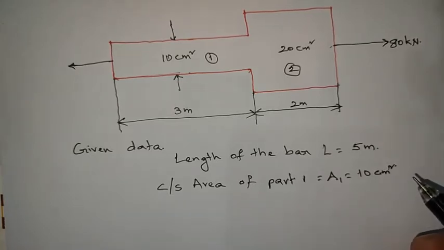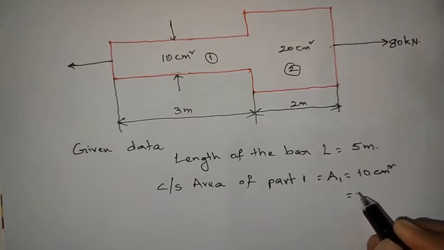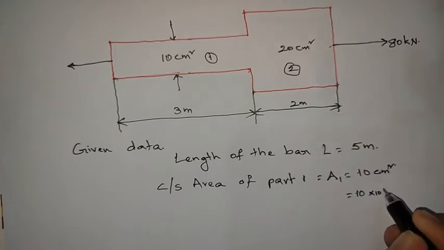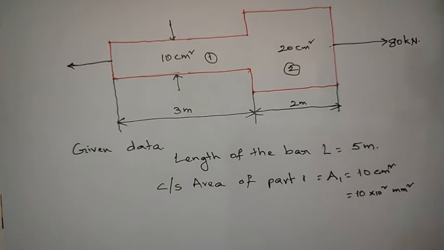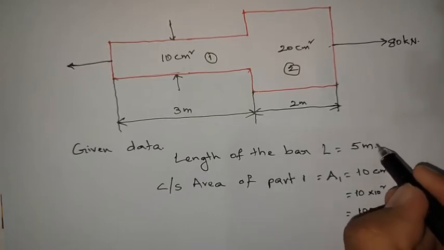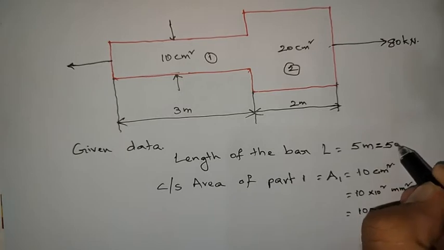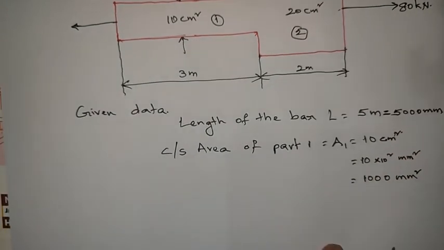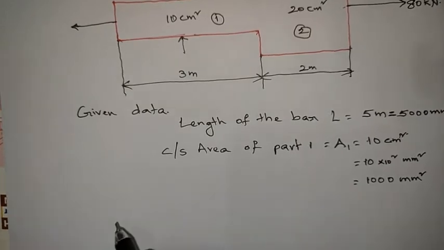Let us convert all into mm square. So 10 into, for 1 centimeter, 10 mm, so 10 square into mm square. That equals 1000 mm square. Here also the length value, if we convert 5 meters into mm, you will get 5000 mm. Similarly, let us write all the values.